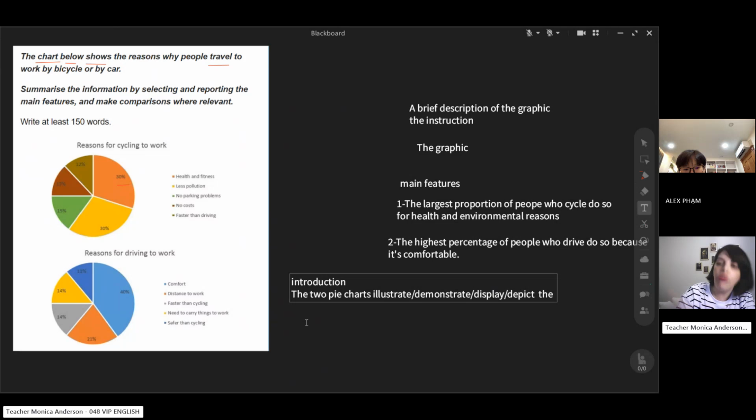The reasons, of course, the key reasons, the most important, the key reasons why people travel to work. I want to change why people choose to either cycle or drive to work.